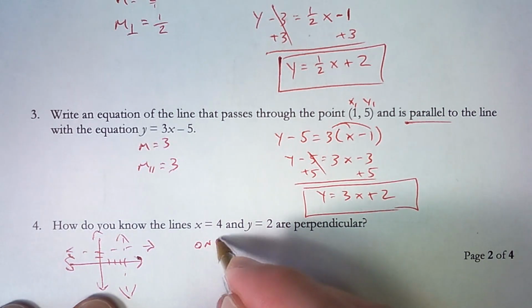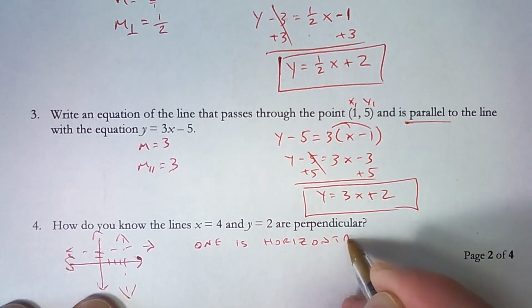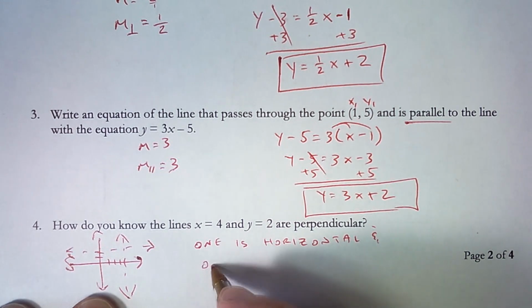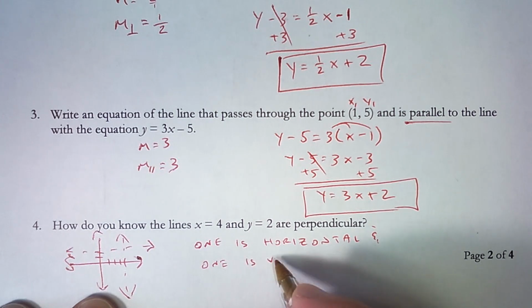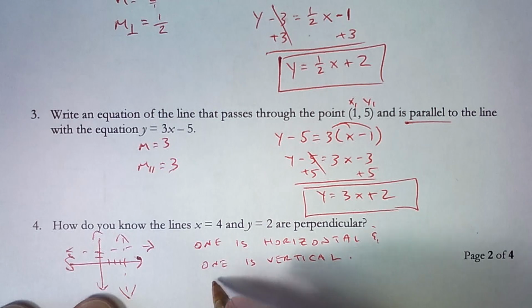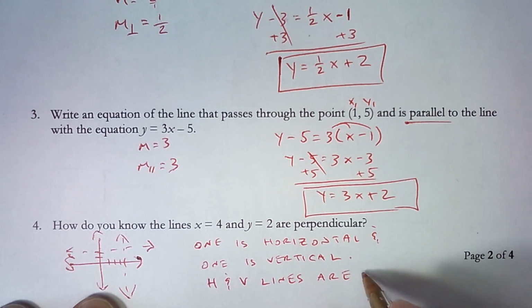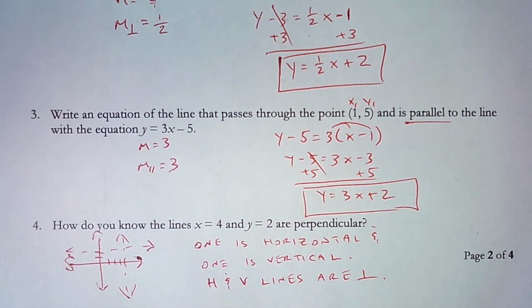Okay, so one is horizontal and one is vertical. Okay, horizontal and vertical lines are perpendicular to each other every single time.